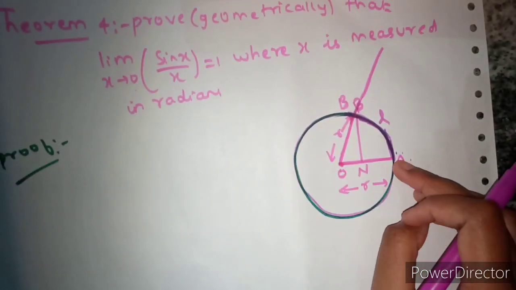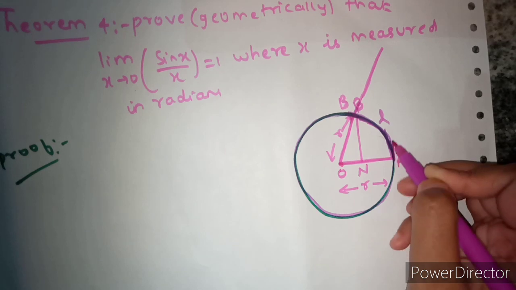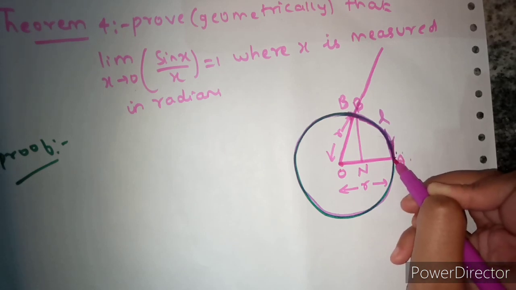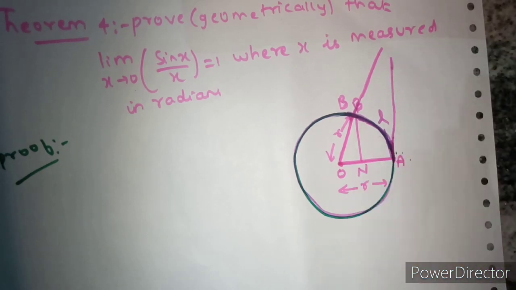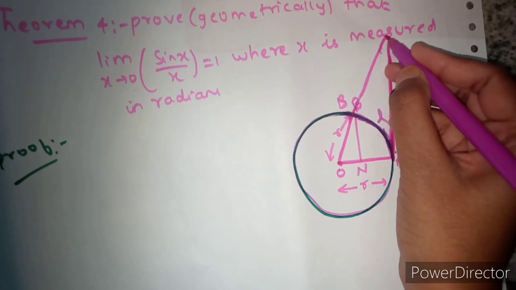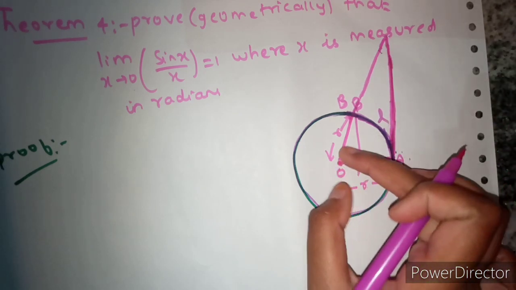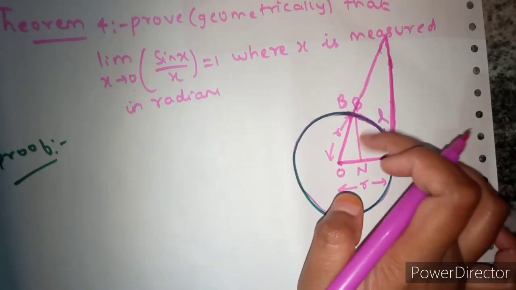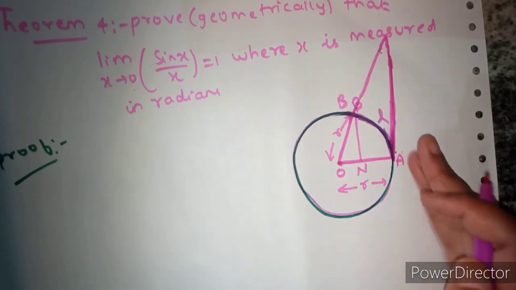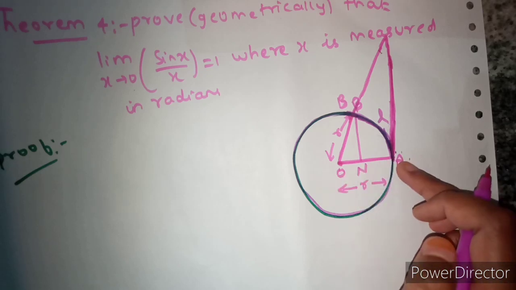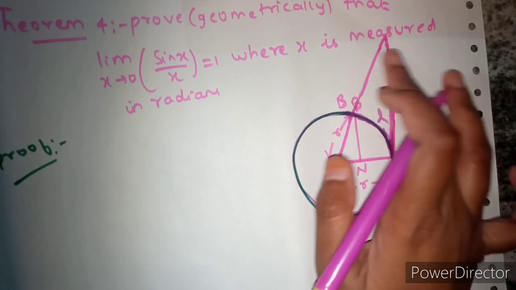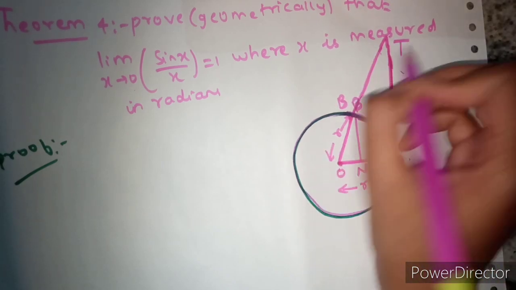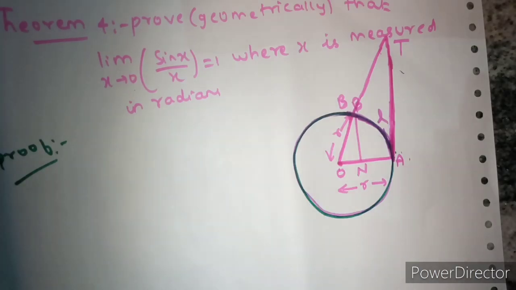Now I am drawing a tangent to the circle at point A to meet the extended line OB. These two lines meet at some point, and we will name that point T. So this is all about the figure. This is how we construct the figure.